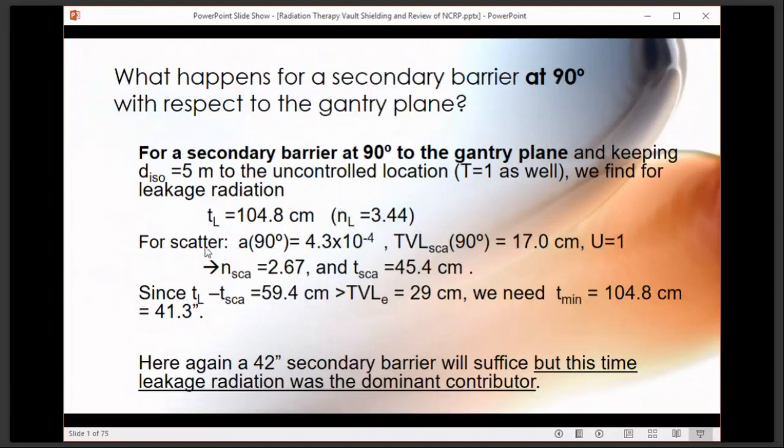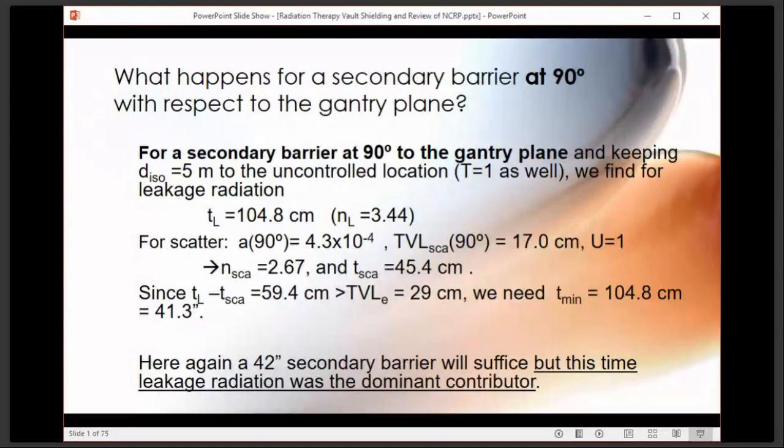For scatter, on the other hand, now we have an order of magnitude smaller scatter fraction, and the TVL has gone from almost 28 centimeters down to 17. And in this case as well, we get 90 degree scatter no matter what orientation the gantry has.